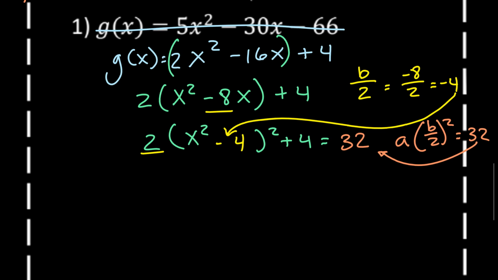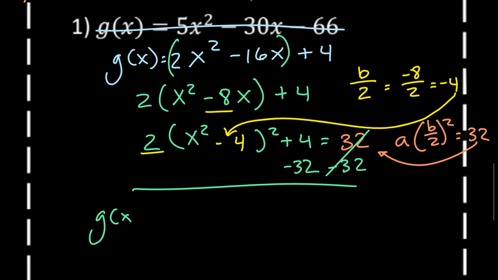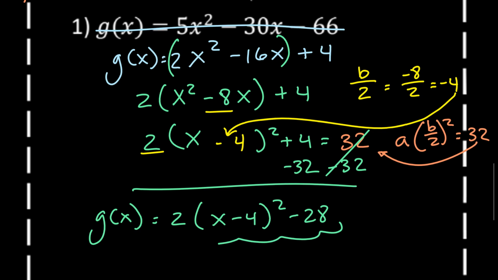What's our last and final step? We subtract the 32 over. So what is 4 minus 32? Negative 28. And I'm done.